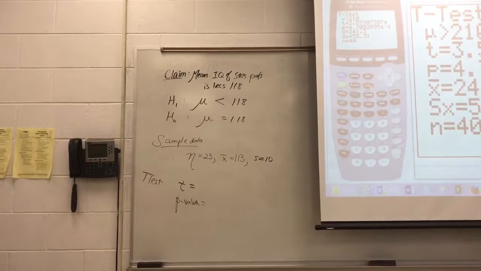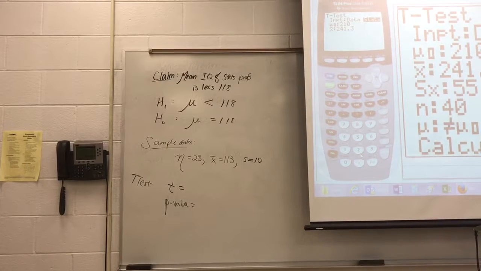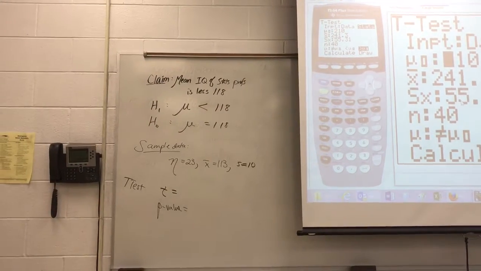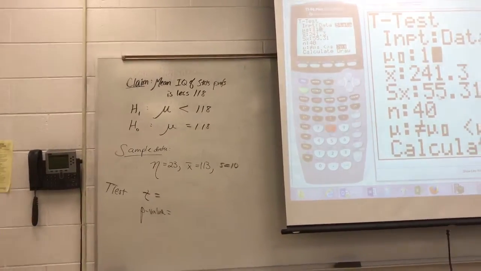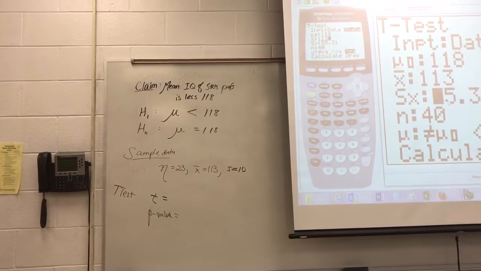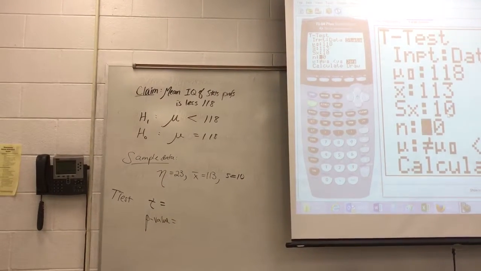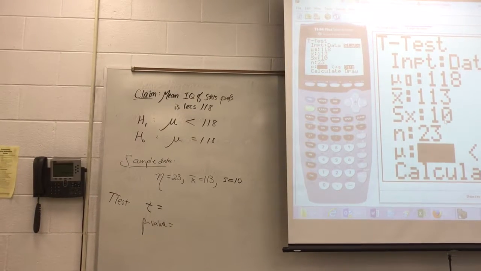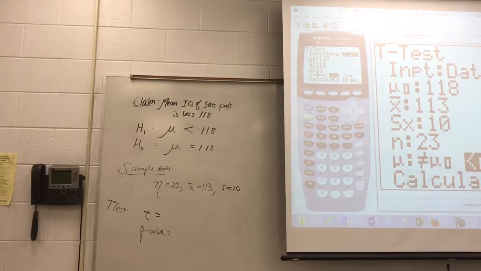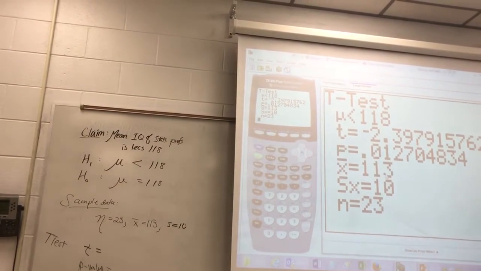So stat, test, t-test. Alright, so go ahead and just calculate, I get a t-score of negative 2.398.